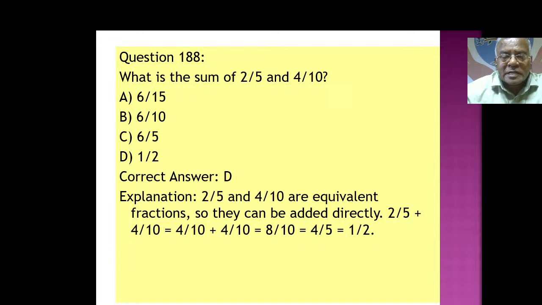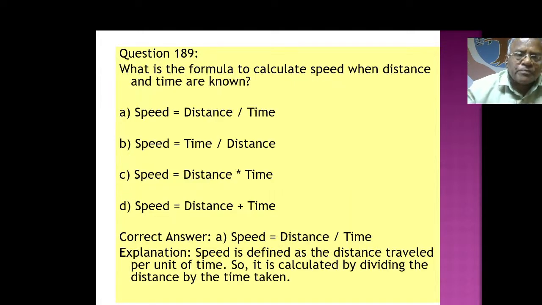So there is a mistake. It should not be 1 by 2. Rather, it should be 4 by 5. I think there is an error in the option, it should be 4 by 5. That should be the right one. So it's a wrong sum.